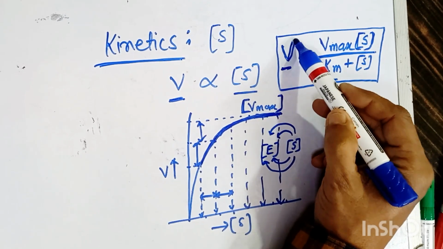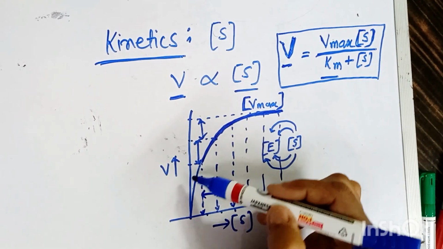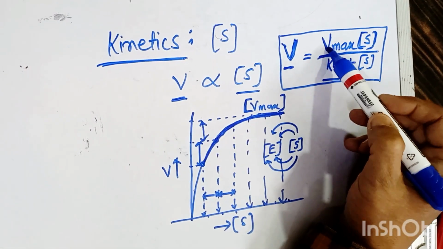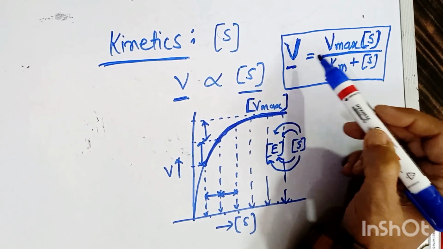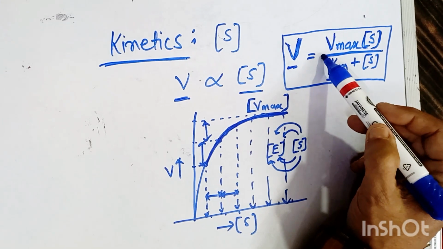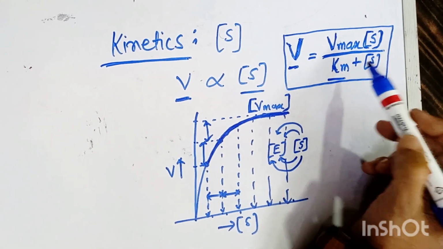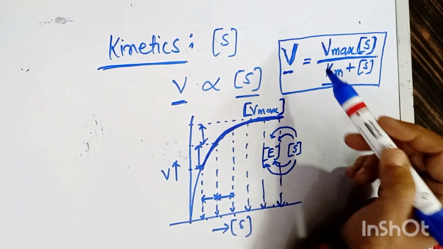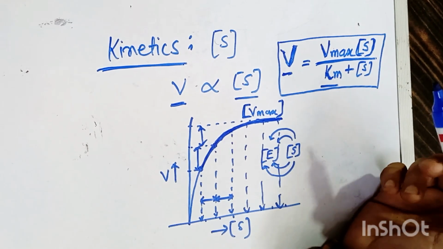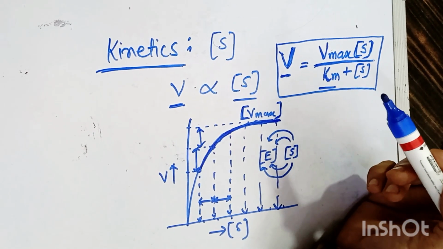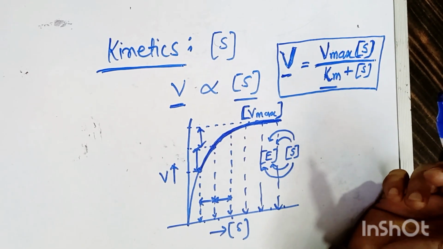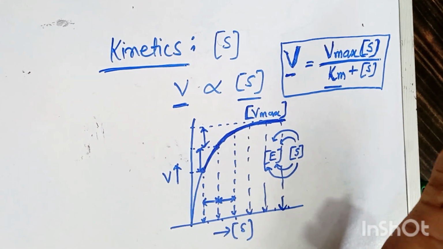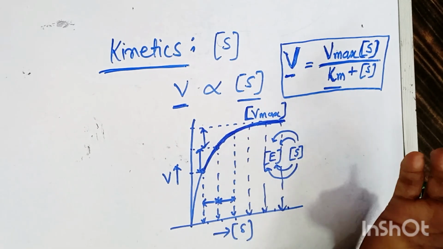If we want to know the velocity of an enzymatic reaction at any point of time, we have to refer to the Michaelis Menten equation, and the Michaelis Menten equation says velocity at any point of the enzymatic reaction is equal to Vmax into S by Km plus S. So you need to memorize it before going into the next steps: knowing the significance of the Michaelis Menten equation, knowing what other parameters can be derived from it, knowing about enzymatic kinetics in much deeper ways, and knowing the different types of inhibition of an enzymatic reaction.